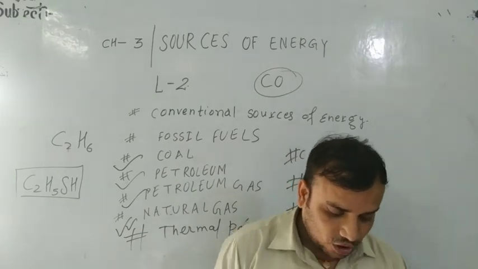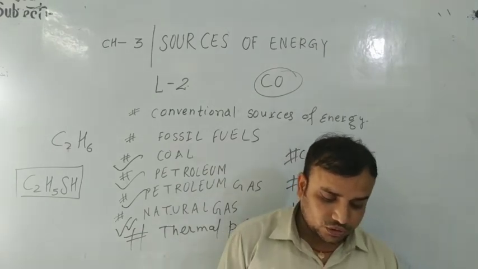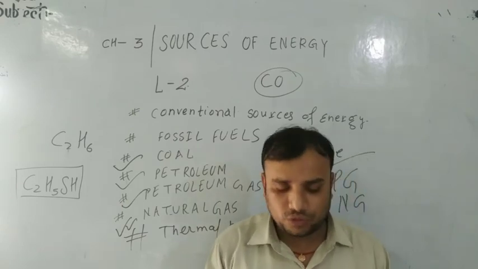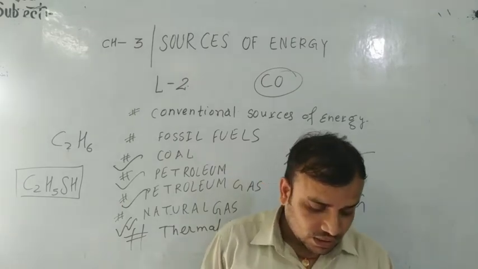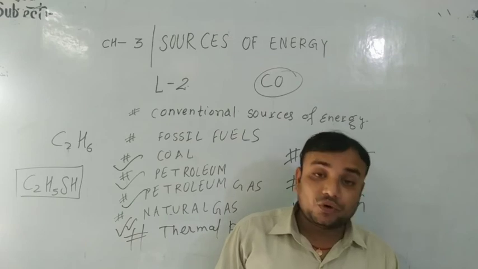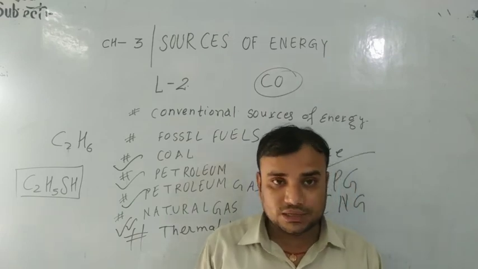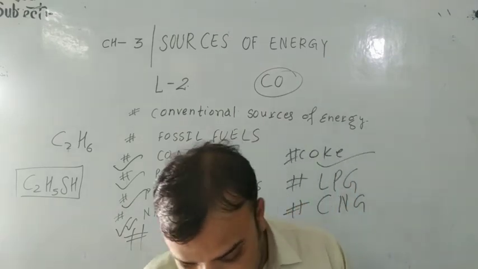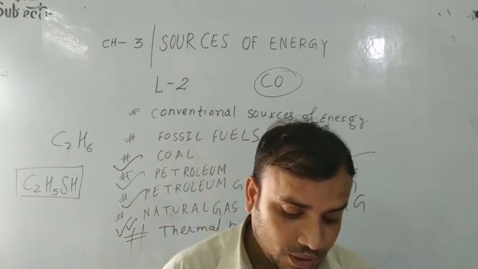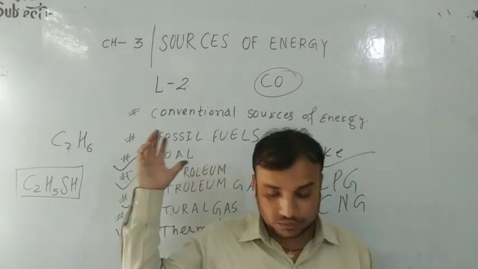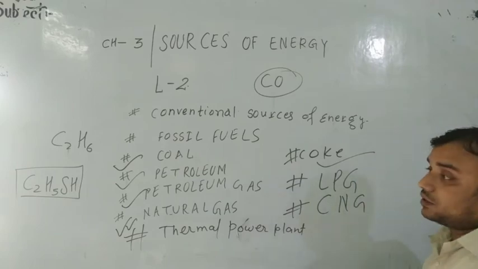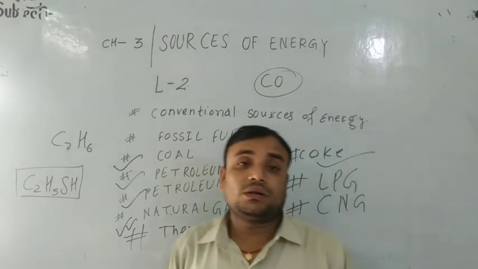Name the product of petroleum that is used to drive heavy vehicles. Petrol, diesel. Give one example of a good domestic fuel: LPG gas. Okay, solve all the question answers of these topics. Now, thank you very much.